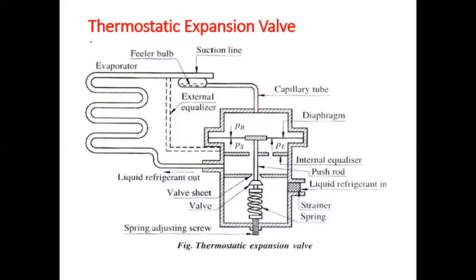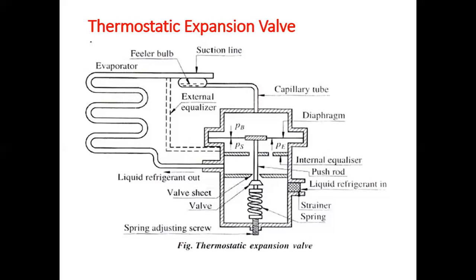On the other hand, when the load on the evaporator decreases, less liquid refrigerant evaporates in the evaporator coil. The excess liquid refrigerant flows towards the evaporator outlet, which cools the filler bulb. As a result, the filler bulb pressure decreases due to the decrease in its temperature.